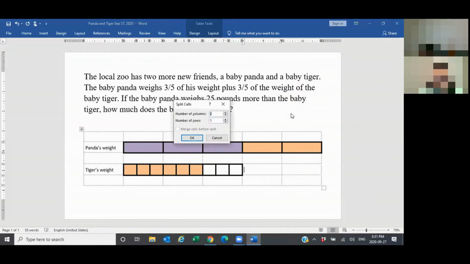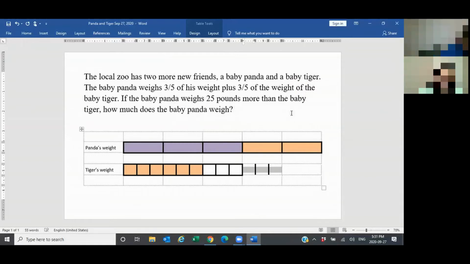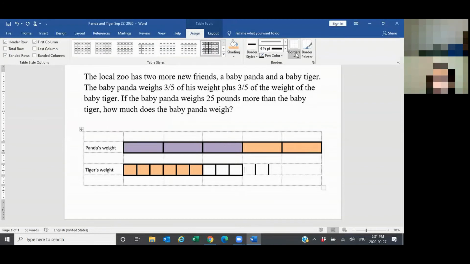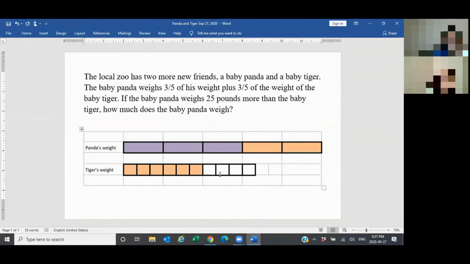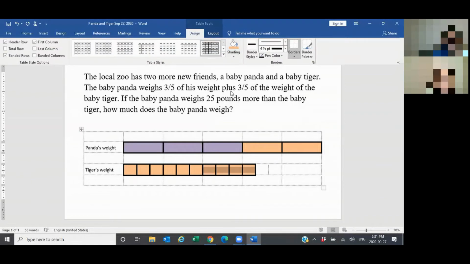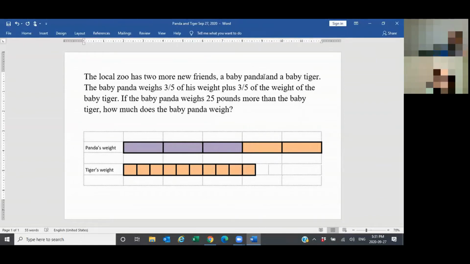I'm going to make some rectangles. There we go. I'm only going to highlight one of them because we only need one of them. But we can still see it. So I'm going to make it orange to match tiger's sentence. Now, we worked on the first part of the sentence. I'm actually going to make the first sentence purple.